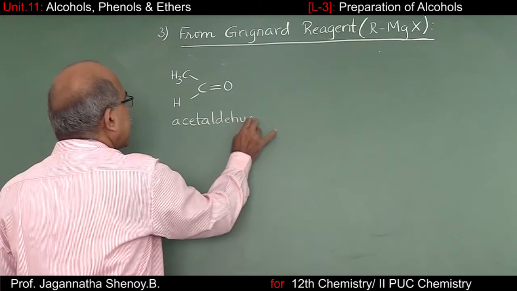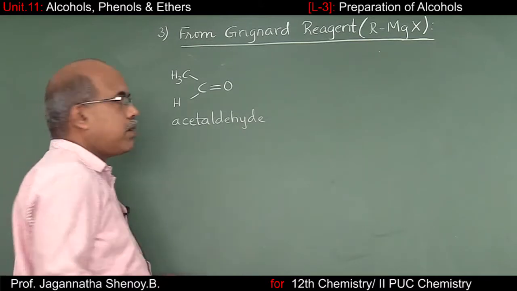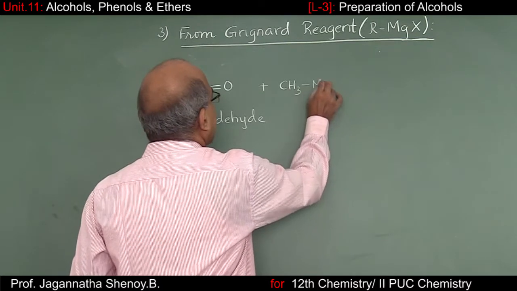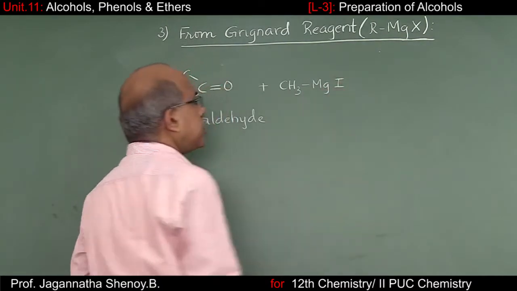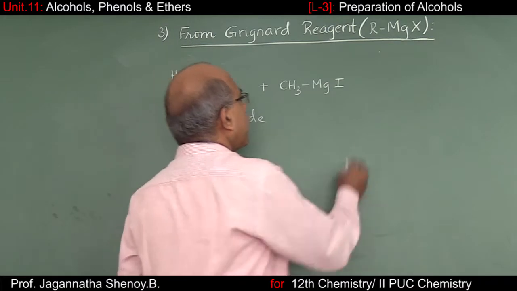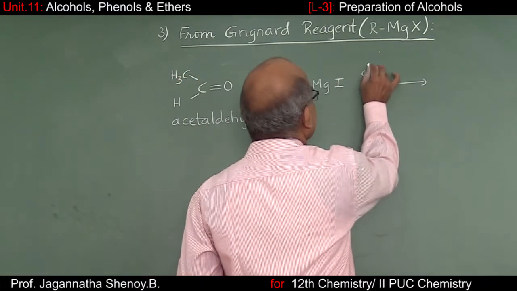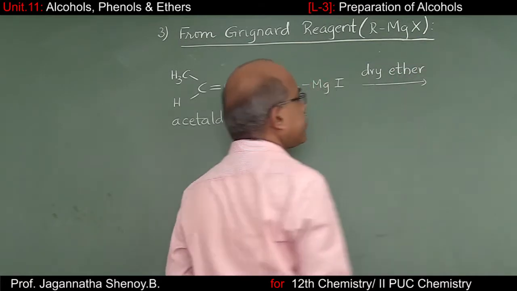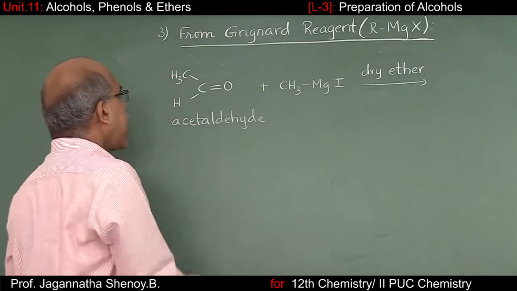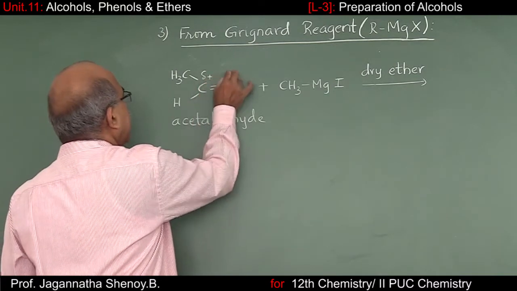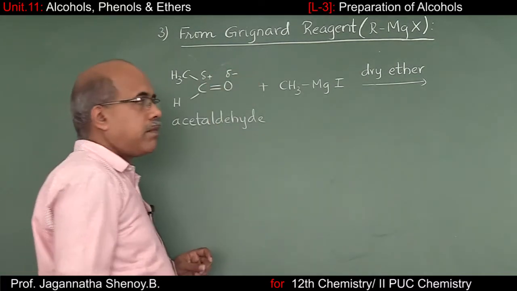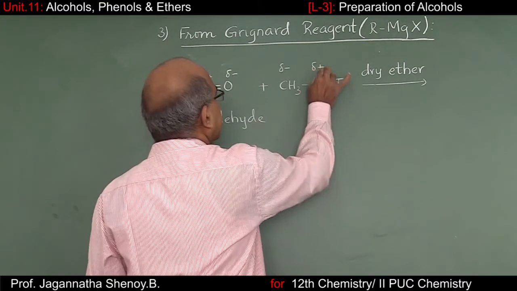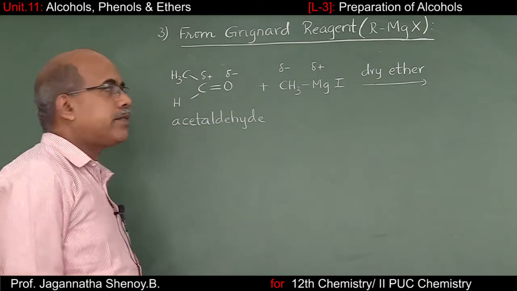I'll treat it with methyl magnesium iodide, CH3MgI, and the reaction has to be carried out in the presence of dry and alcohol-free ether. And I told you how the reaction takes place. Carbon delta plus, oxygen delta minus. Carbon of the methyl group is delta minus, magnesium should have delta plus.